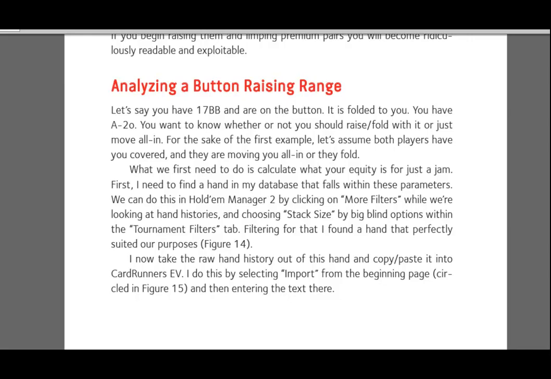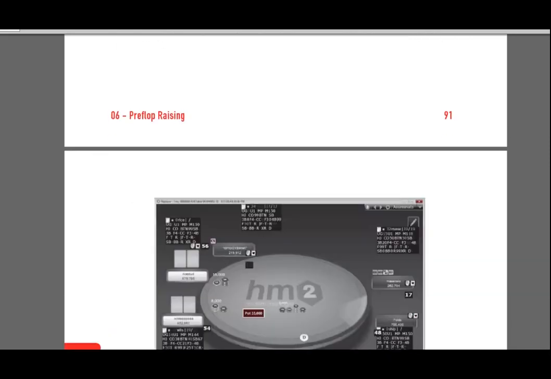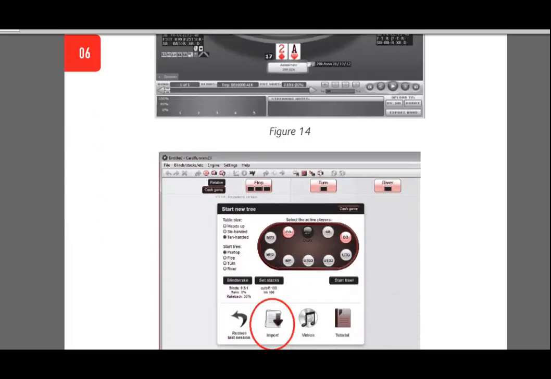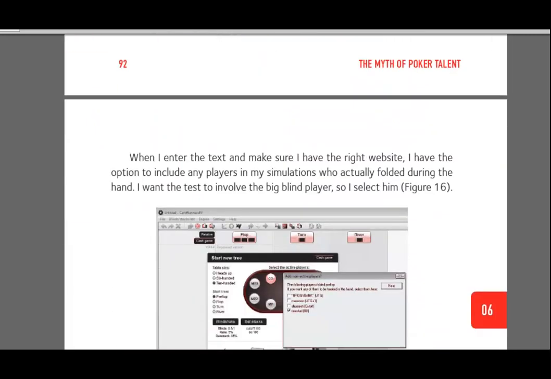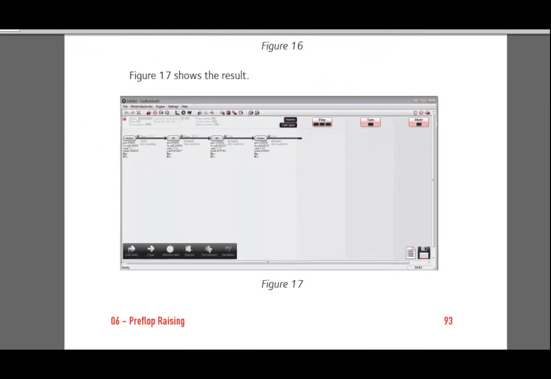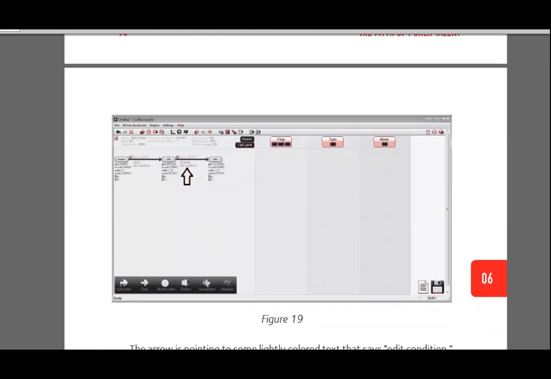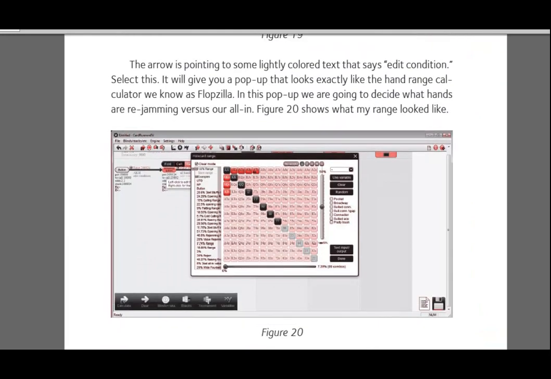As you can see from this extract that I'm going to flick through quickly on screen now, there are a lot of screenshots from some of the most complex pieces of modern poker software, and Alex explains in depth how you should configure these pieces of software and how you can use them to analyze situations at the table and to obtain results that will give you a deep understanding of pre-flop and post-flop situations. But in order to do this, you have to rely very heavily on a lot of work away from the tables using all this software.